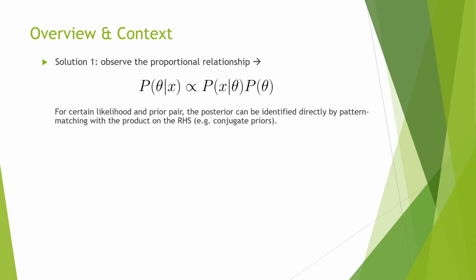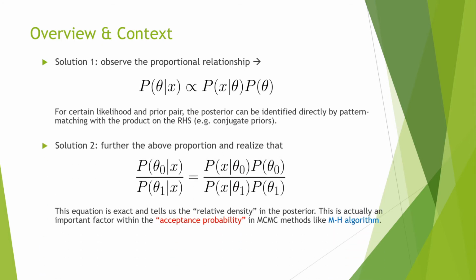So for certain combinations of the likelihood and the prior, you can easily identify the distribution of the posterior density by pattern matching with some known distributions. This is also why researchers love conjugate priors. If your problem happens to allow this type of solution, then you can get an exact posterior with no need for approximation. However, in most cases, the model is so complicated that the first solution might not work.